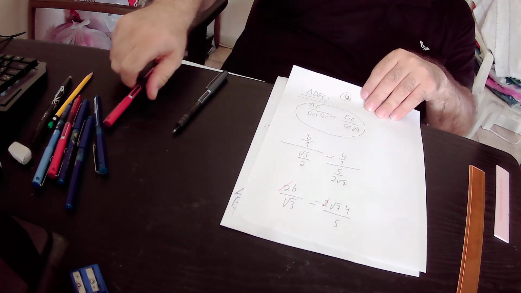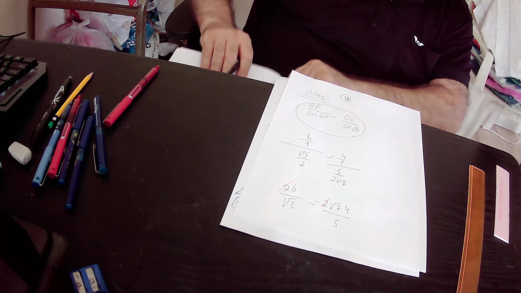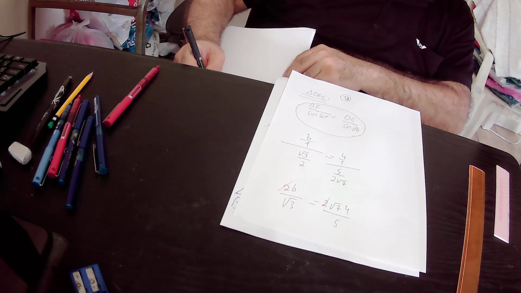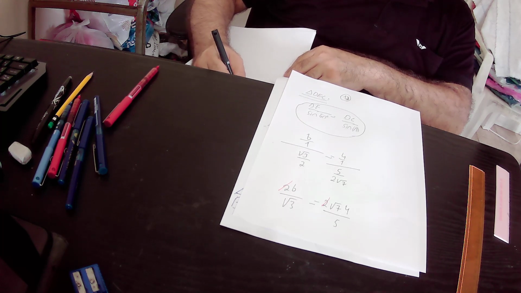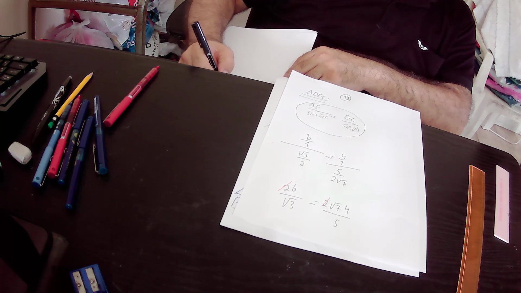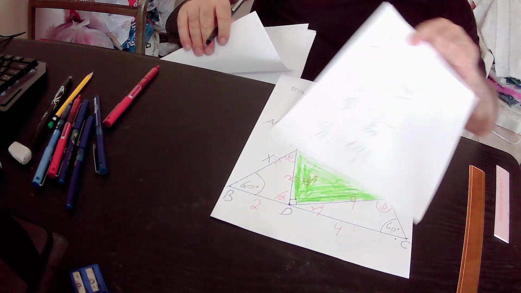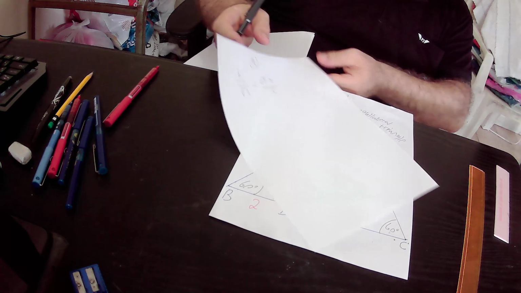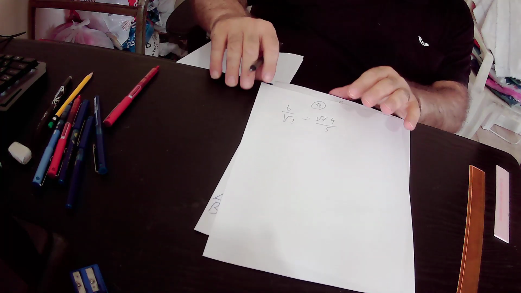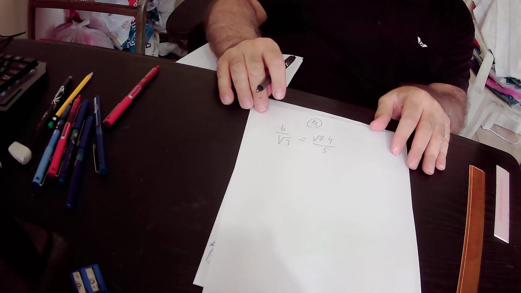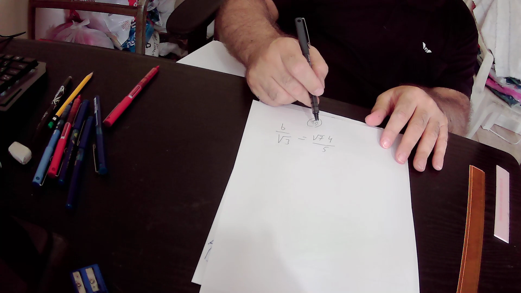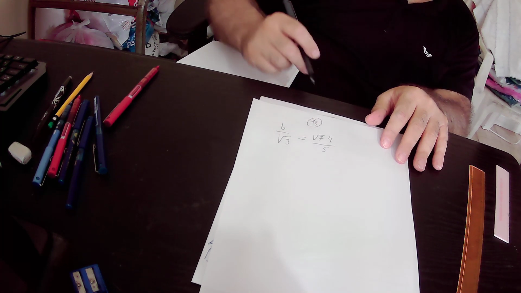So what is left after we cancel 2 from this equality is B over root 3 equals root 7 times 4 over 5.